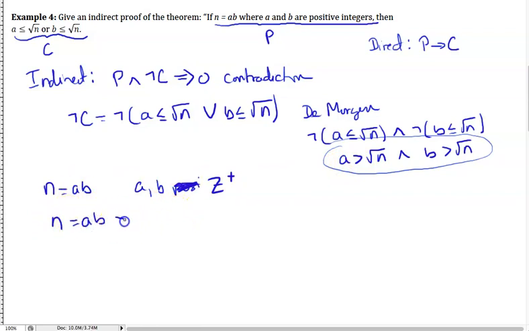Well, I know that a is bigger than square root of n, and I know that b is bigger than square root of n. So a times b has to be bigger than square root of n times square root of n. This leads us into n is bigger than n, which is n squared. Because there's no equality here, there's not even a possibility of it ever being true. So this is false, and that's a contradiction.